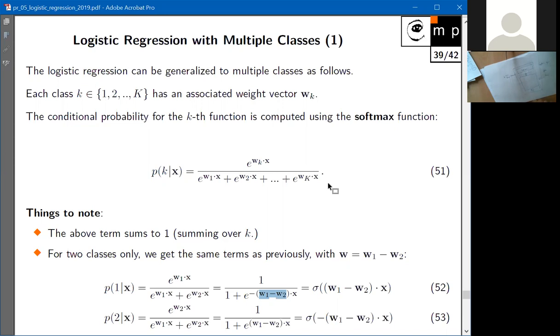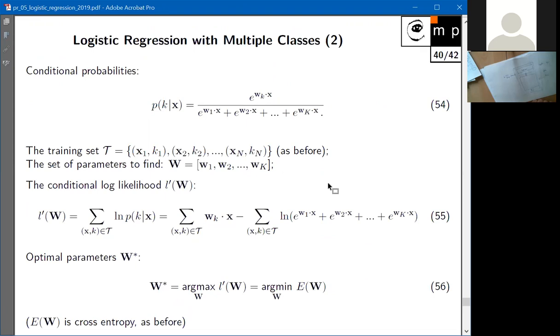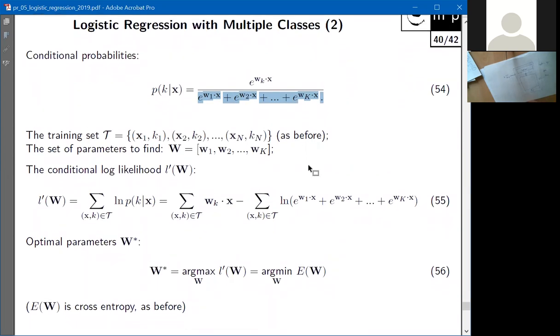Okay. Then for the logistic regression, the loss function looks very similar, and we again formulate a likelihood function, take the log, which looks like a sum of wk times the dot product with x minus the denominator, and then we proceed as before.